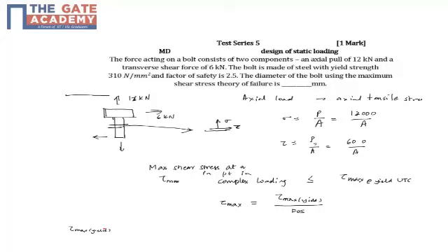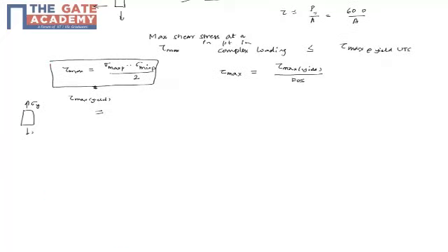Now how is tau max calculated? The calculation is general. Tau max is calculated by maximum principal stress minus minimum principal stress, by 2. So this is a general formula to calculate maximum shear stress. Now at the time of yield, the only stress is uniaxial, which is the yield stress.